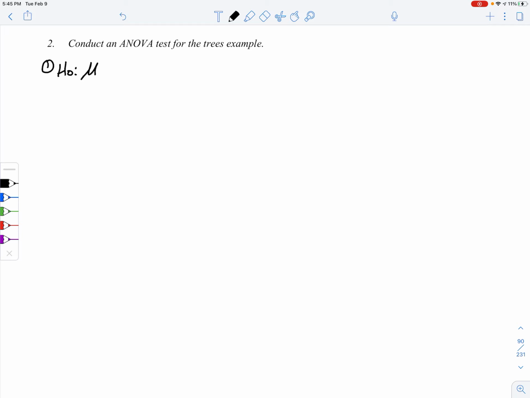H0 is that the mean heights of Alberta trees is equal to the mean heights of BC trees is equal to the mean height of Ontario trees, against the alternative, not that they're all different from each other, but at least one of the mu's, we'll just call it mu j, differs. And by differs, we mean from the others. I usually just say differs.